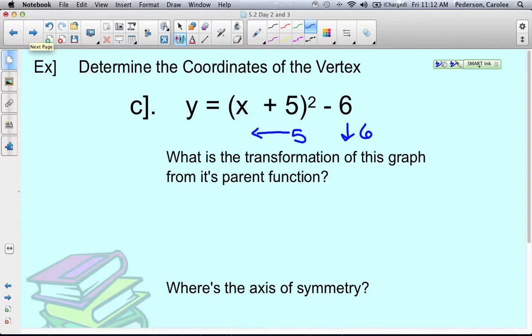So if we think about where that is on our graph, it's going to be starting at -5 and then down 6.